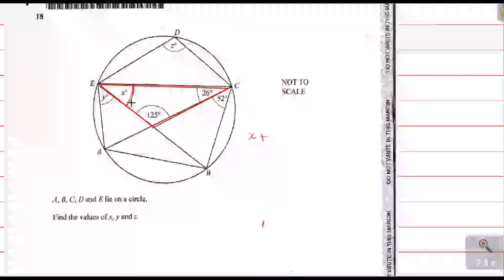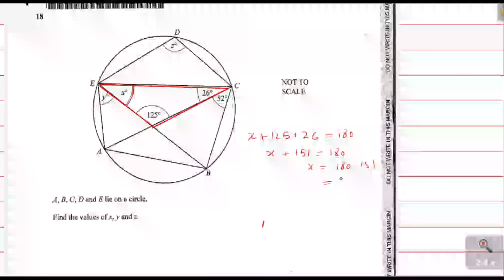Here the interior angles X degree, 125, 26 equal to 180, and X plus 151 equal to 180, and X will be equal to 180 minus 151, and that's equal to 29 degrees. Therefore, the angle X is 29 degrees.